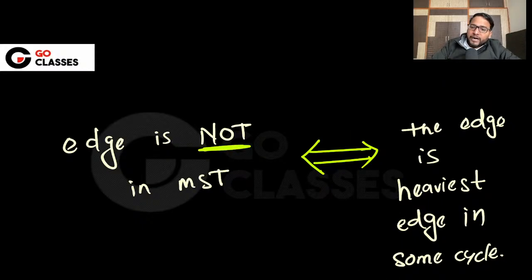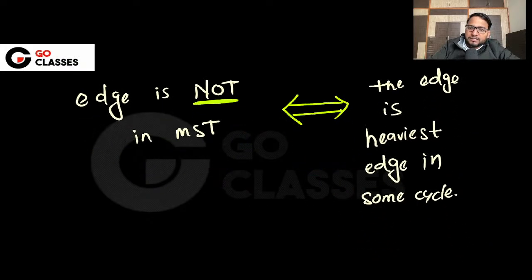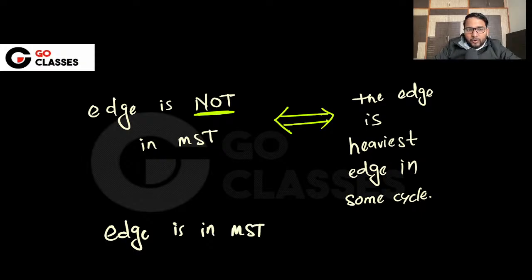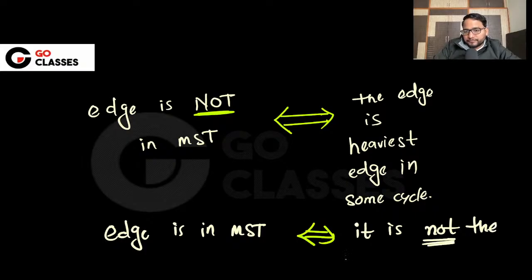So you can also write it this way: the edge is in the MST if and only if it is not the heaviest edge in some cycle.